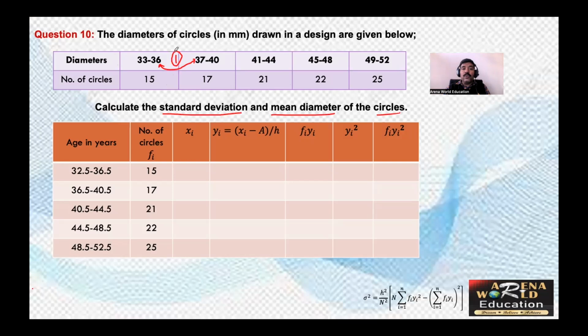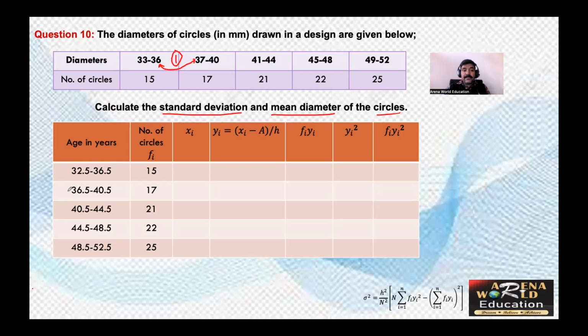Now what we will do, we will divide this 1 in 2 equal parts and look at the lower limit. It is 33. So we will subtract 0.5 from 33 and we will add 0.5 in upper limit, that is 36, right? So here it will become 32.5 to 36.5, right? Similarly, look at next one, 37 to 40. 37 will become what? 37 minus 0.5. So this will become 36.5.